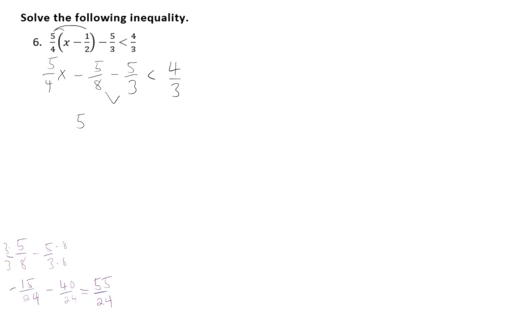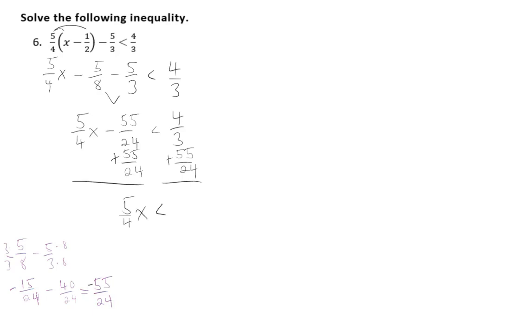So now we have 5/4 x minus 55 over 24 is less than 4/3. Okay, so now we need to add this to both sides. Add 55 over 24. Add 55 over 24. And so on the left side, you'll just have the 5/4 x.